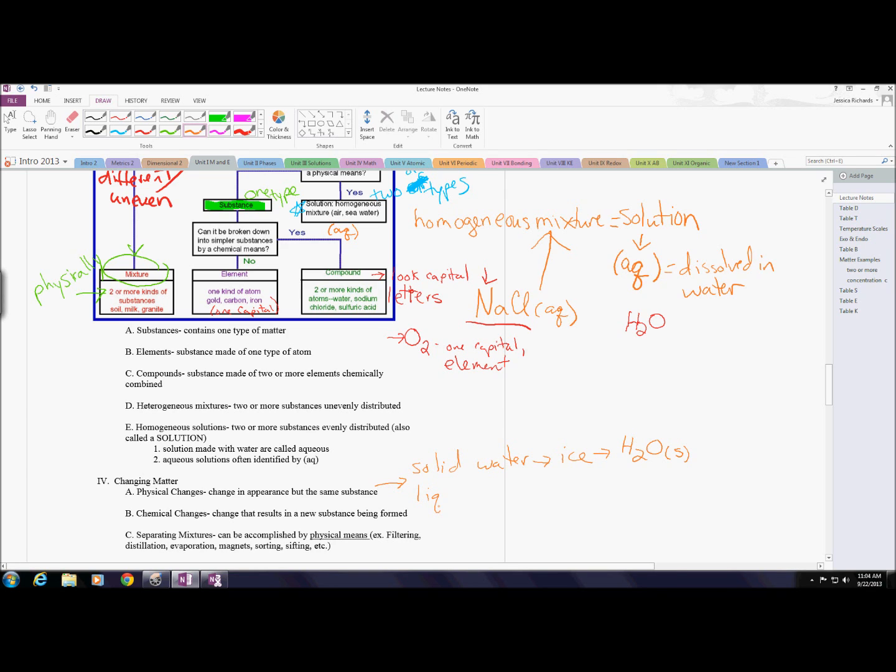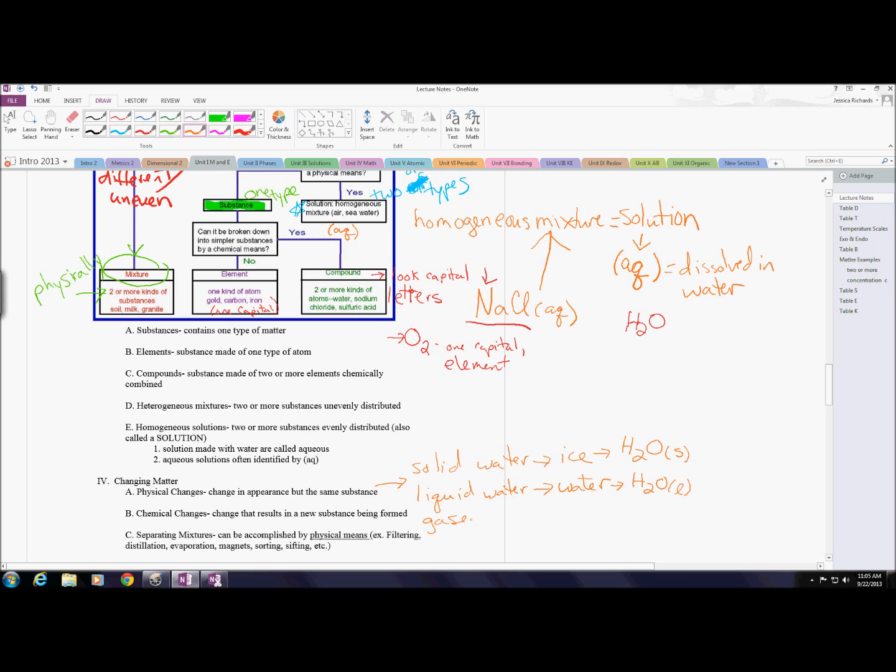Liquid water, which sounds really weird because in English we don't refer to it as liquid water. If we talk about water, we're referring to its liquid state. And in chemistry, that's going to be H2O liquid. Ice and water look very different. They still have the same chemical formula.